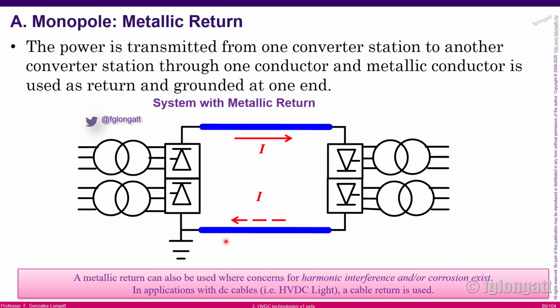The most useful of those configurations is basically the monopole with metallic return, okay? That is typically the configuration that we want, because we have control of the voltage drop in both poles, and that is something that we want in order to minimize some harmonic interference and some corrosion, okay?